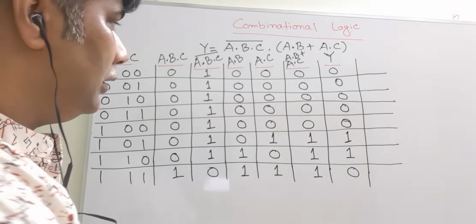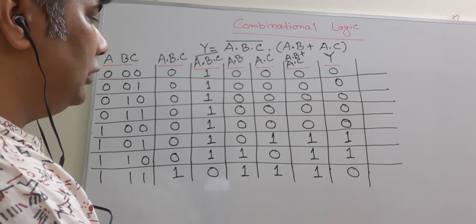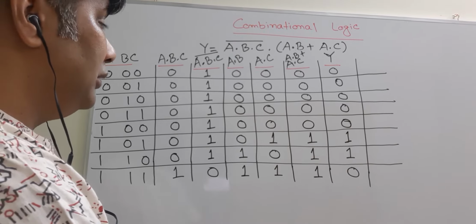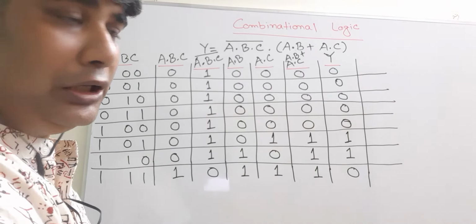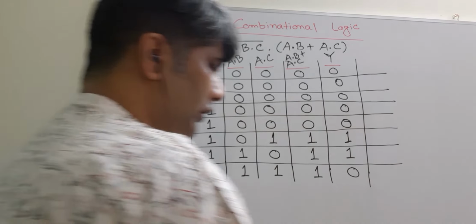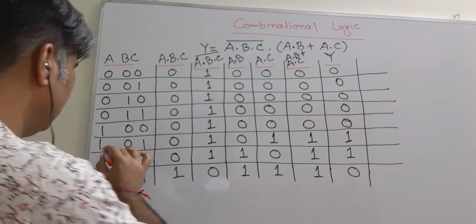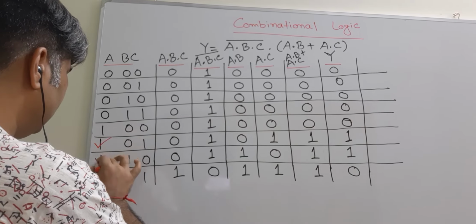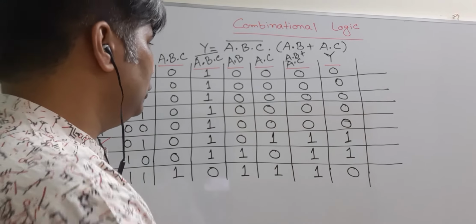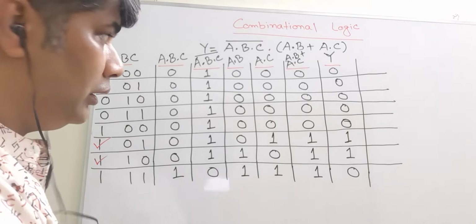So now let's find out where we find y equal to 1, that means the output is high. If we look carefully, we would see that for these two inputs, output y becomes 1.